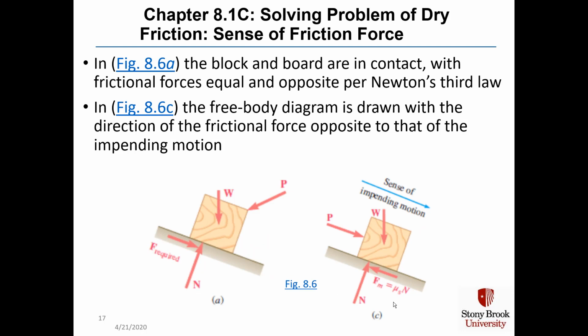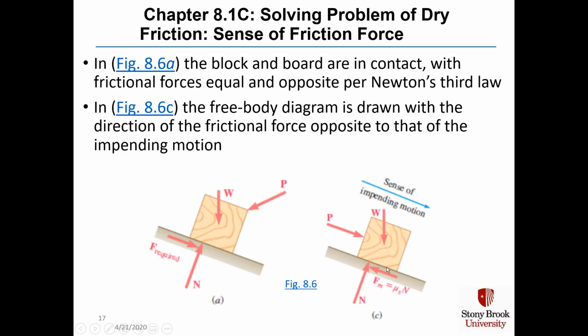In figure 8.6a, the block and board are in contact with frictional forces equal and opposite per Newton's third law. And in figure 8.6c, the free body diagram is drawn with the direction of the frictional force, so here's our frictional force, opposite to the direction, or sense as we call it, of impending motion.